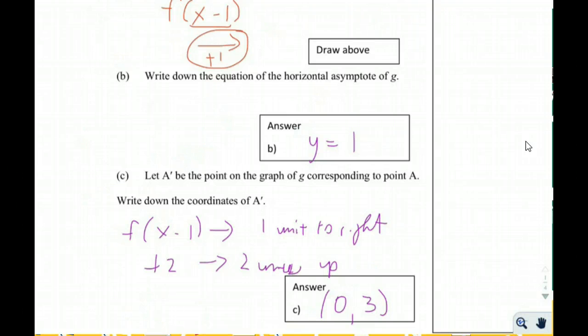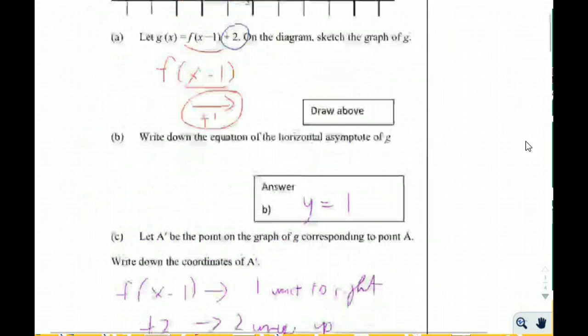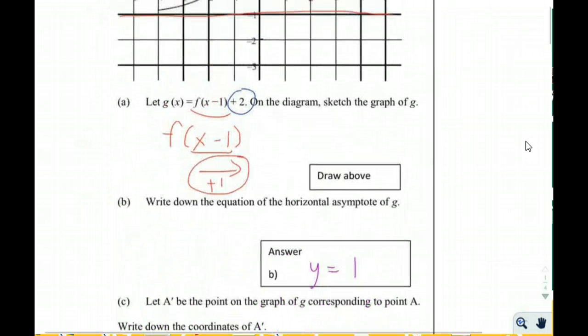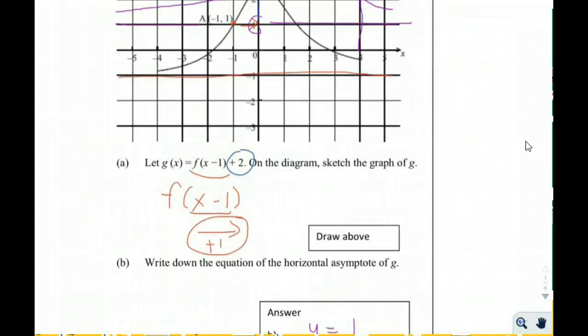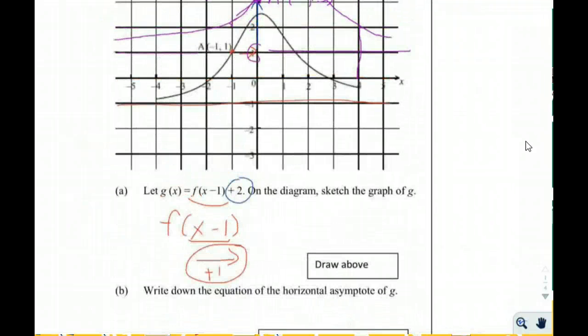That is why the point -1, 1 has become 0, 3. Alright, next page.